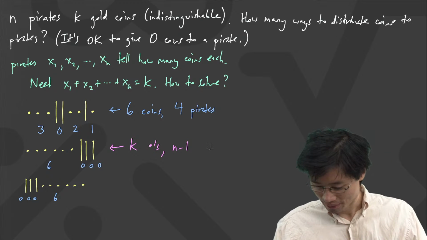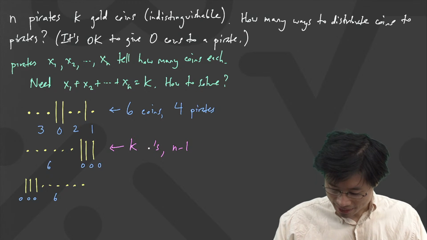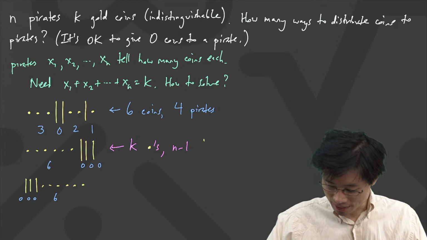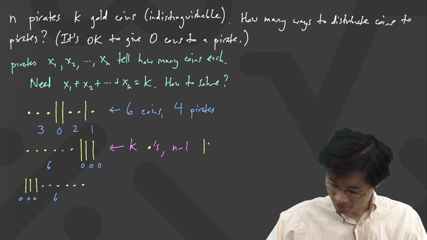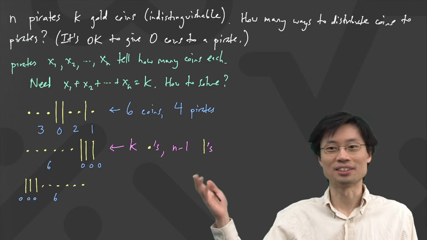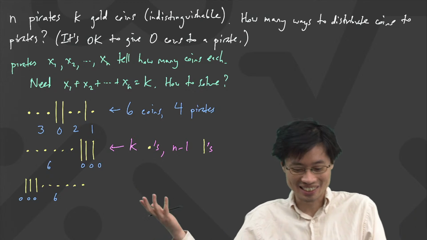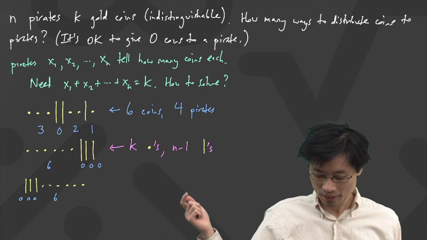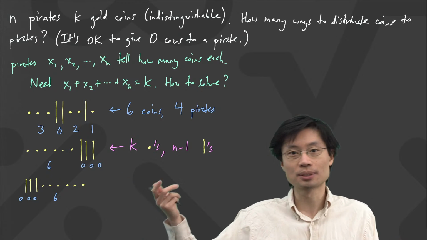Let me use some colors, because otherwise it looks like those are ones. So k of these dots, and n minus 1 of these golden bars. Does this make sense? I'm using the colors just to split the 2 different kinds. So it's not like it's n minus 1 ones. And that's how many of these things I have, and I'm just trying to rearrange them.